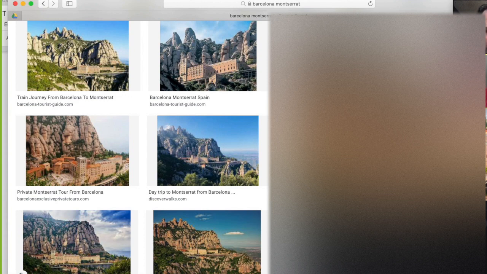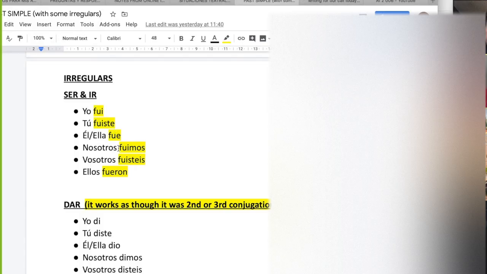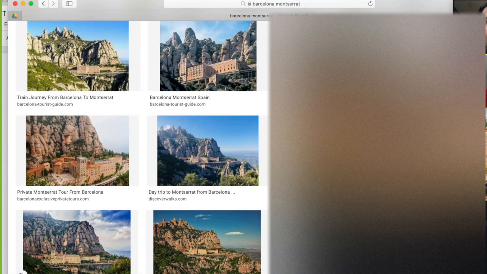Este edificio, esta construcción, ¿qué es esto? Esto se llama un monastery. Vale, un monasterio. Es un monasterio. Vale. Finn, cuando vosotros fuisteis aquí había mucha gente. Había mucha gente en Montserrat.